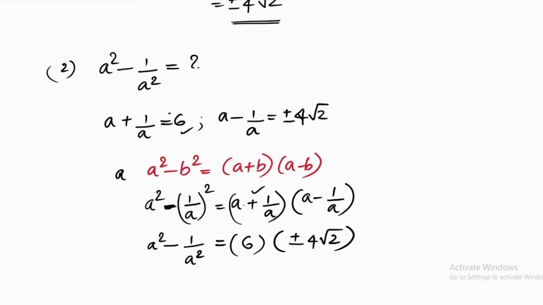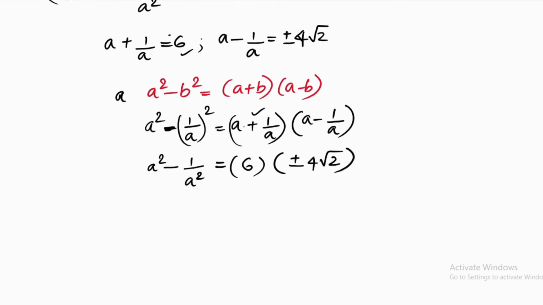So we have a square minus 1 by a square equals 6 into 4 root 2, and 6 into 4 is 24. So keep plus or minus outside. 6 into 4 we have 24 root 2. That is a square minus 1 by a square equals plus or minus 24 root 2.